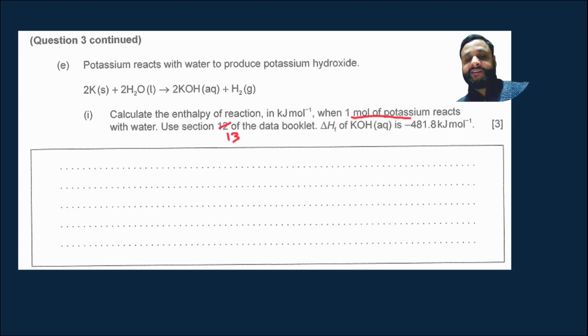So delta H naught for the reaction will be equal to the sum of delta Hf naught for products minus the sum of delta Hf naught for reactants.